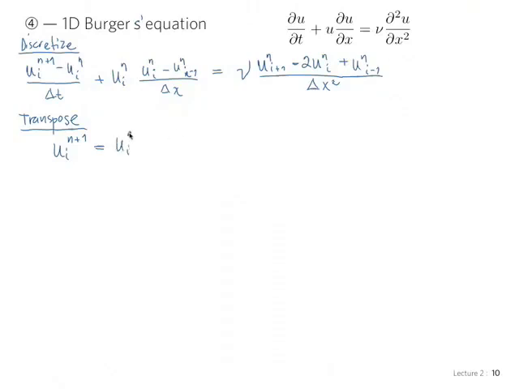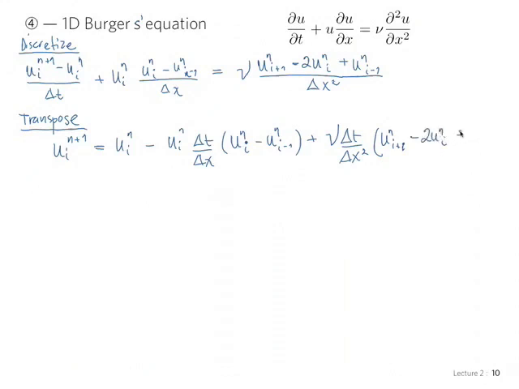So we have u_i^n, this guy, minus u_i^n times delta t divided by delta x, and we have this u_i^n minus u_{i-1}^n, and there's our diffusion term now with a plus sign, nu delta t divided by delta x squared, and our second order difference, u_{i+1}^n minus 2 u_i^n plus u_{i-1}^n.